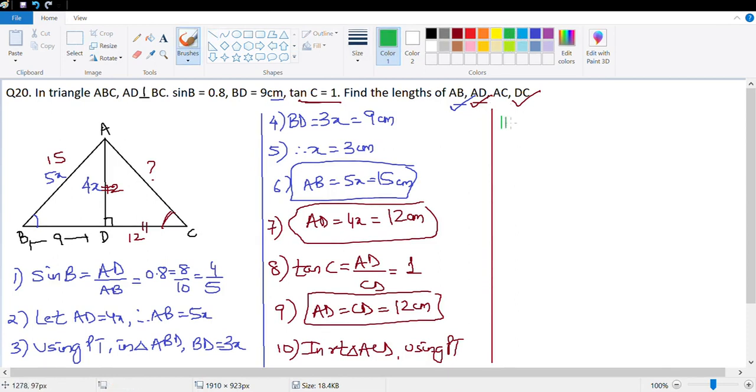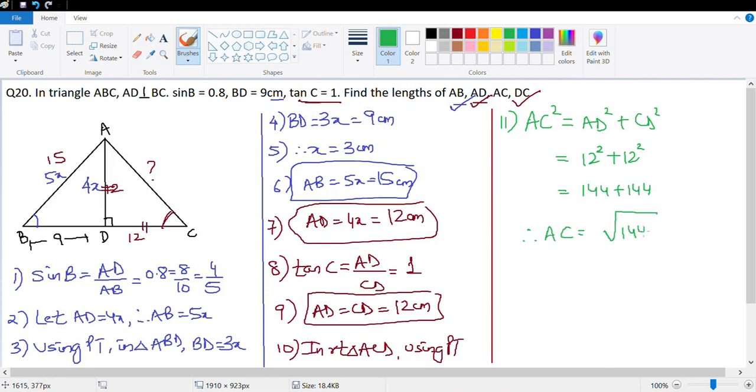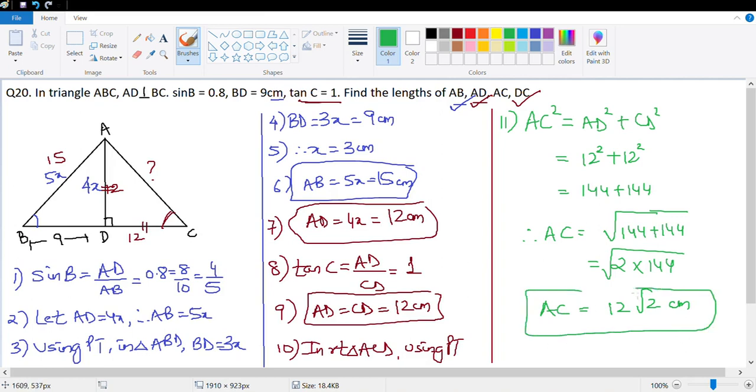So AC square is equal to AD square plus CD square, which is 12 square plus 12 square, which is 144 plus 144. Therefore, AC would be equal to the square root of 144 plus 144. This is 2 times 144, which means this is 12 root 2 centimeter. So AC is equal to 12 root 2 centimeter. Done. That part of the question is also done.